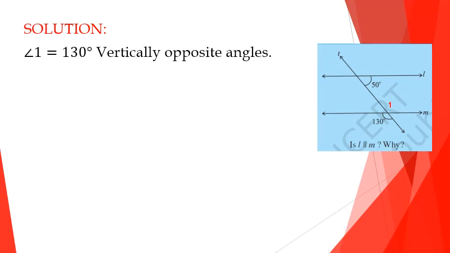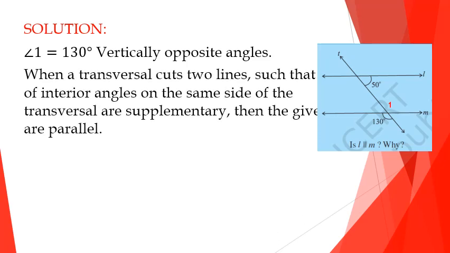What do we have to check? We have to check whether l is parallel to m or not. Now we got the condition. Which is the condition to check parallel lines? Our third condition: whether the interior angles on the same side of the transversal are supplementary or not. Now we have both the interior angles on the same side of the transversal, so we can check whether they are supplementary.